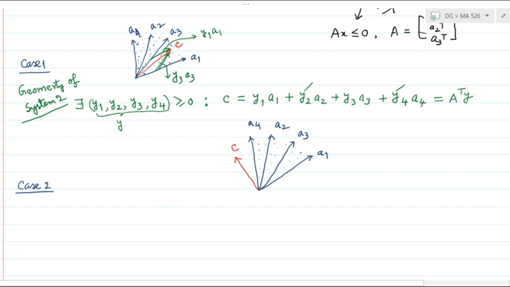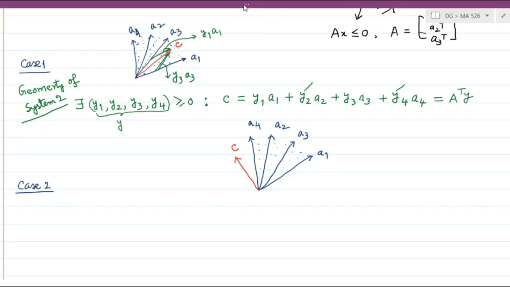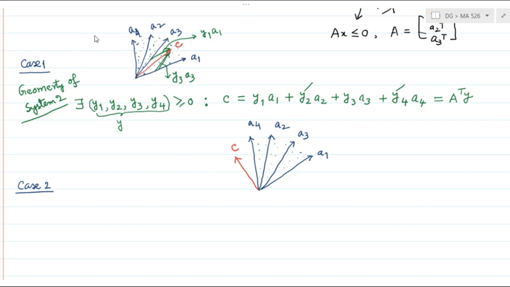For case 2, we note that once you have C outside the cone, Ax less than or equal to 0 has the following geometry. You consider the perpendicular to the last vector A4. This is the region for Ax less than or equal to 0.